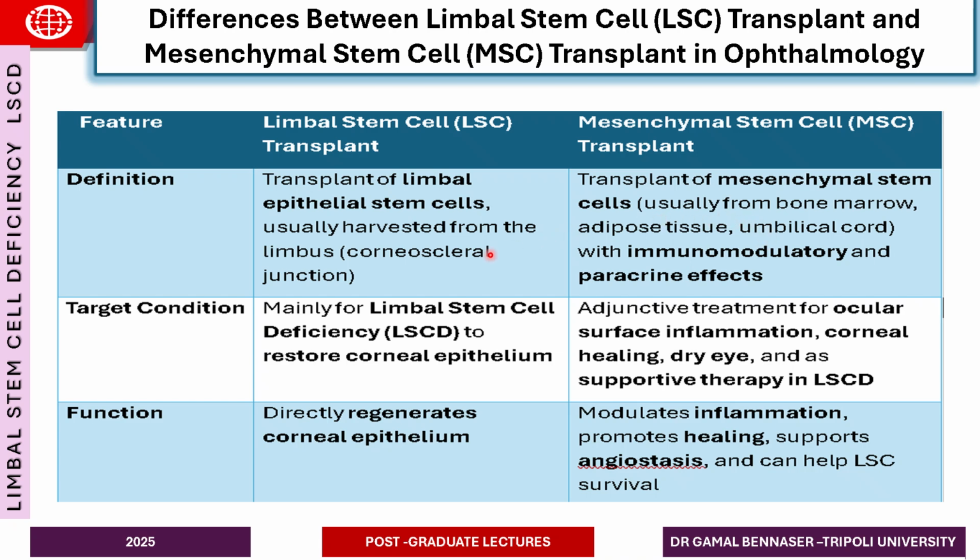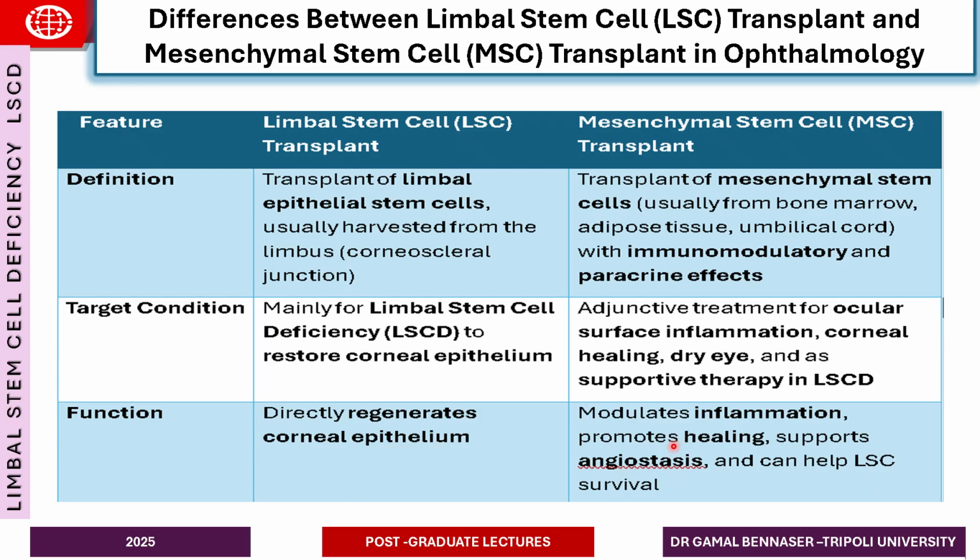Now, the target condition for limbal stem cells is limbal stem cell deficiency, so they restore the corneal epithelium. However, mesenchymal stem cell therapy is mainly used for ocular surface inflammation and as adjuvant therapy to the limbal stem cell therapy, because they don't help in the formation of the corneal epithelium, but they support its formation. So the limbal stem cells directly form or regenerate the corneal epithelium.